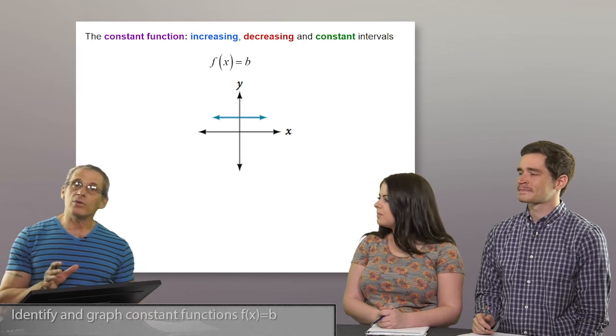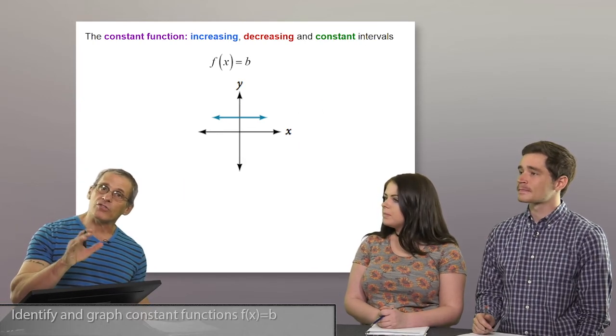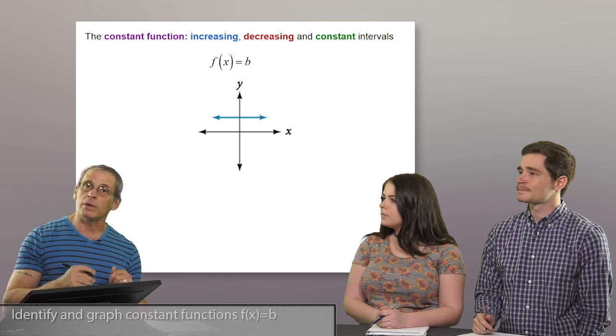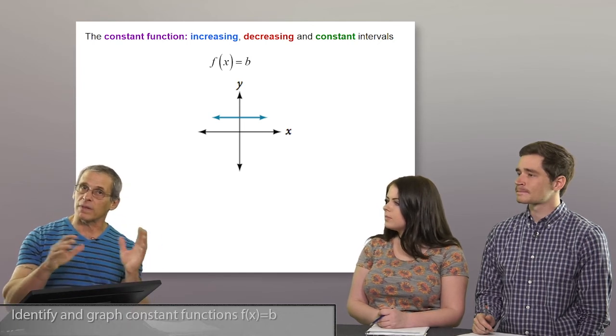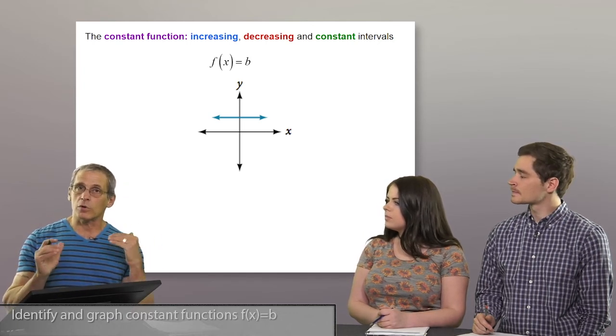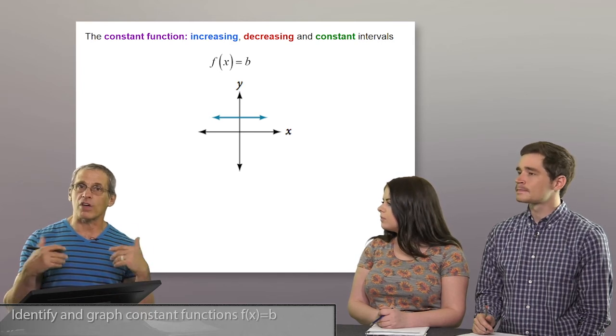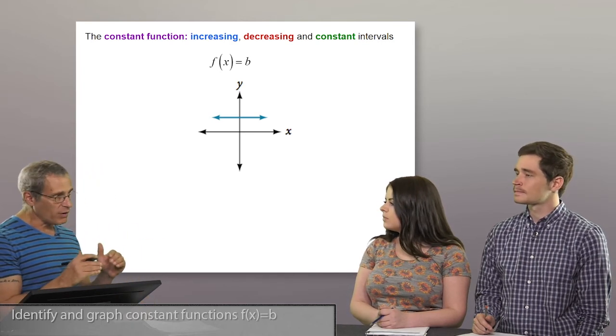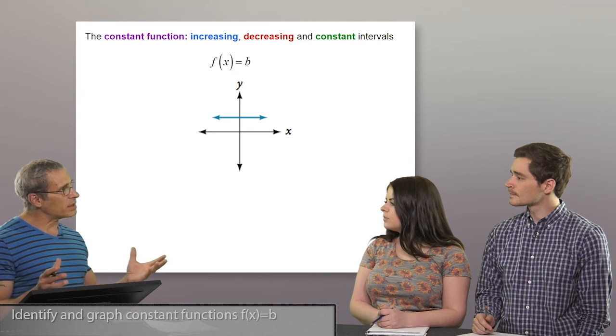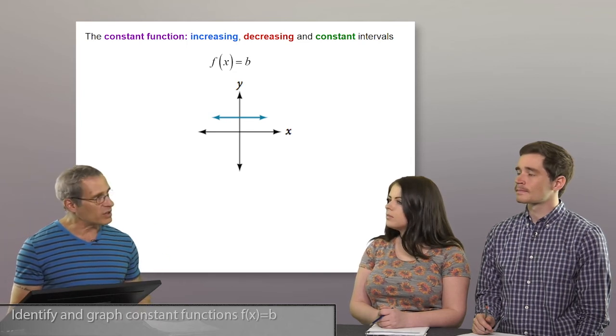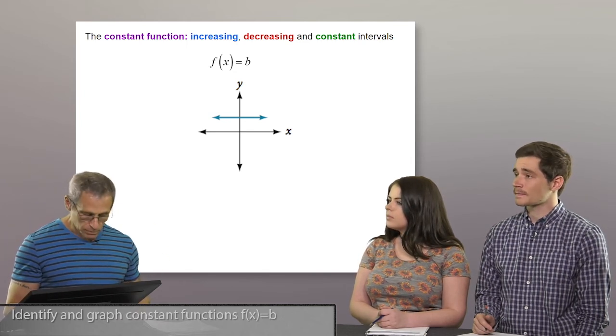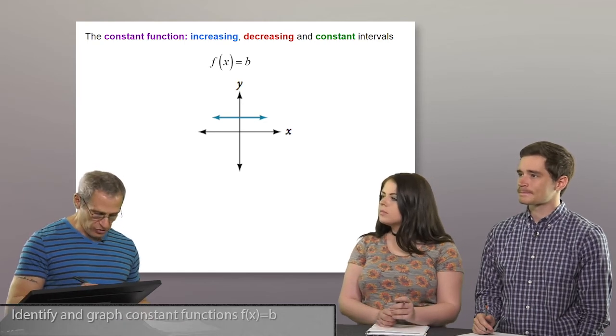Very last thing we have to do is decide, is the graph increasing? When I look from left to right, the graph goes up. Decreasing, when I look from left to right, the graph goes down. Or constant, is the graph horizontal? This particular function over the entire domain is one of these three. And which one is it? It looks constant. Why is it constant?